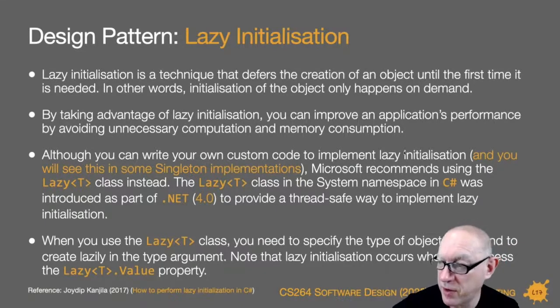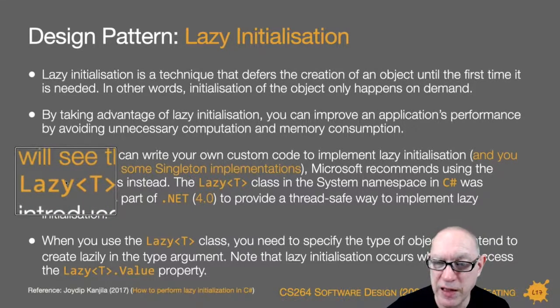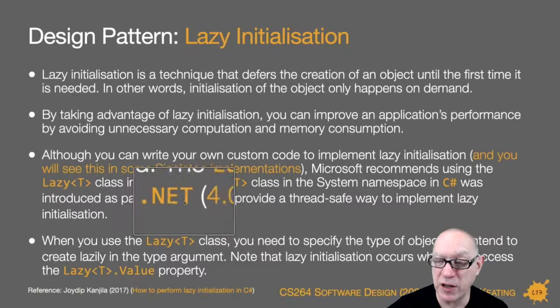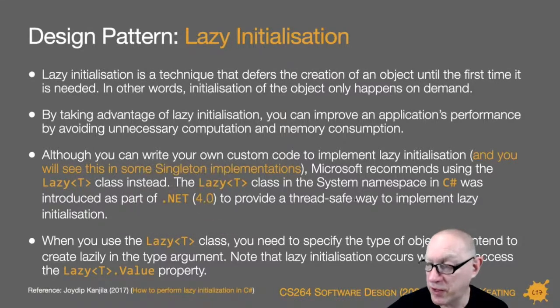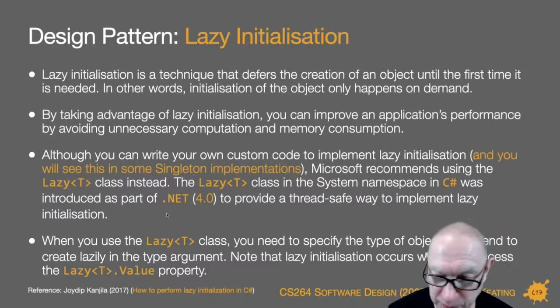But I prefer Microsoft's recommendation, and we use the Lazy T class. Lazy T is in the System namespace in C#, and it was introduced in .NET 4. It provides a thread safe way to implement lazy initialization, so it's definitely worth using.